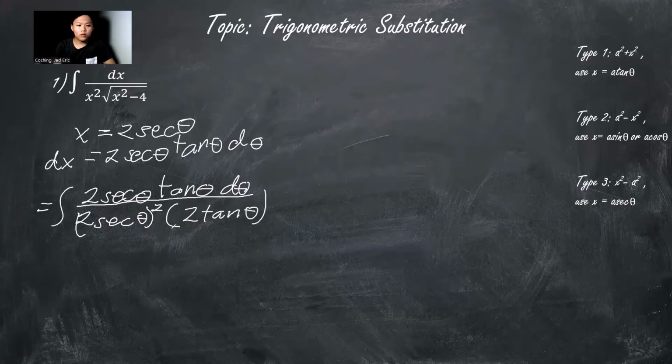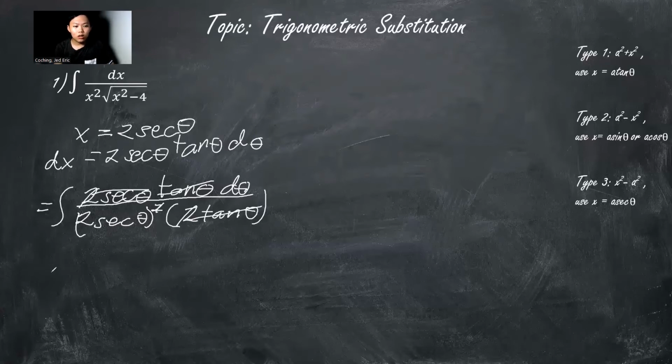Now we can just simplify this. The 2 cancels out with the 2 at the bottom, and tan theta cancels out.